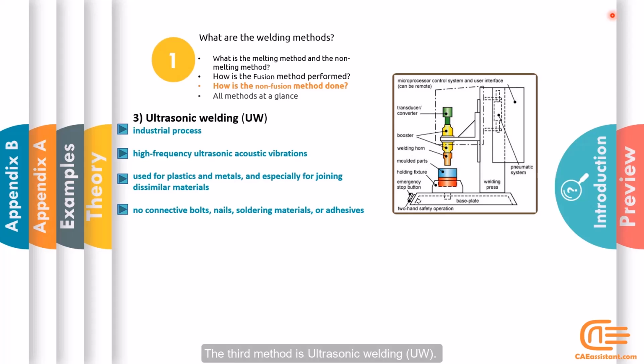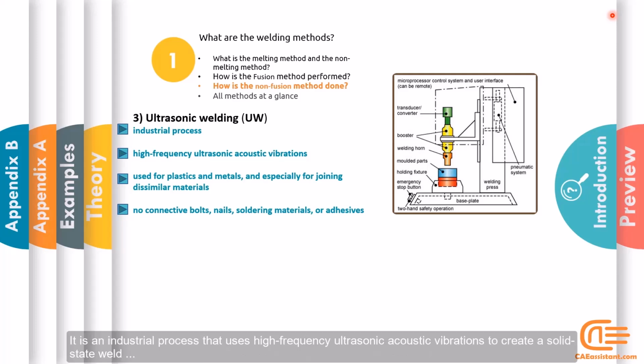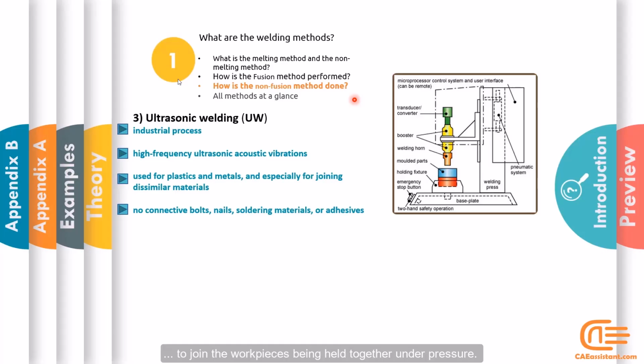The third method is ultrasonic welding, or UW. It is an industrial process that uses high-frequency ultrasonic acoustic vibrations to create a solid-state weld to join the workpieces being held together under pressure.